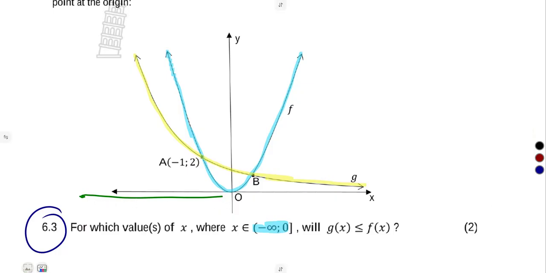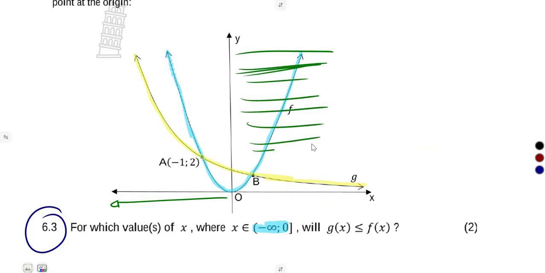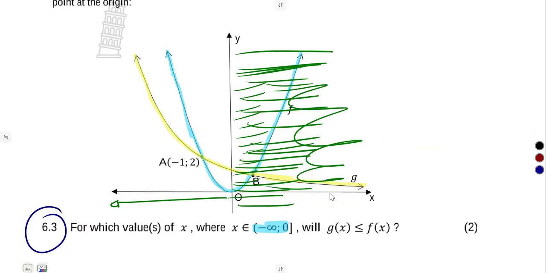From 0 going this side, we're not going to take anything from 0 to that side. Meaning to say, as part of the diagram, from 0 up to infinity, it becomes useless. This whole right side of the y-axis, this is the y-axis, it becomes useless because of the instruction that you are given here.